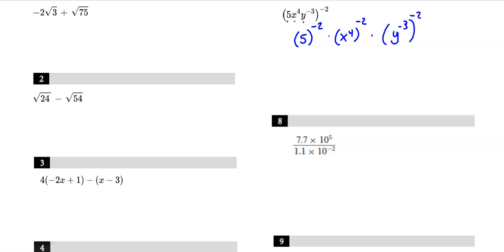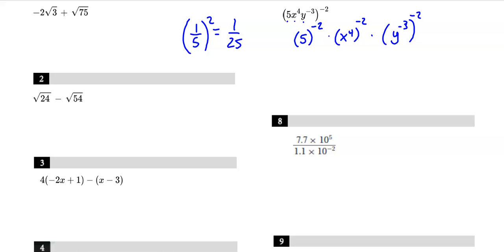And I'm just going to follow my rules. So negative exponents, to fix a negative exponent, you do the reciprocal and you make it positive. So technically the reciprocal of 5 is 1/5. And then you make it positive, which 1/5 times 1/5 is just 1 over 25.